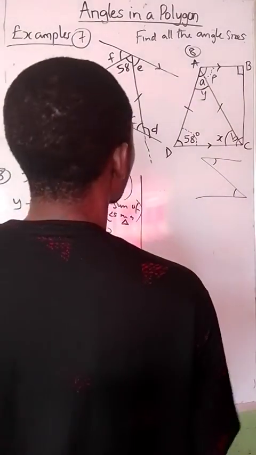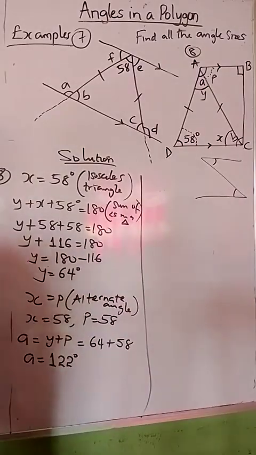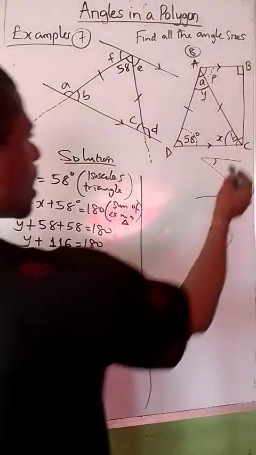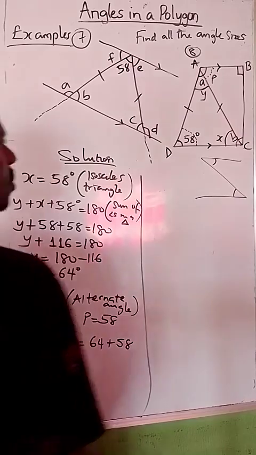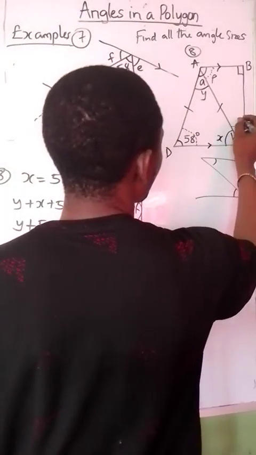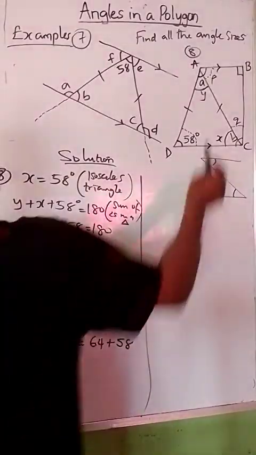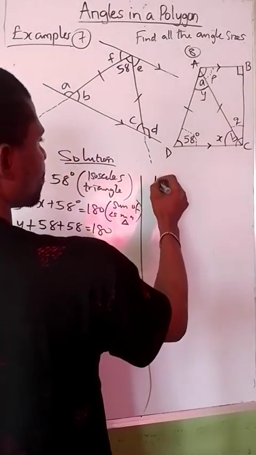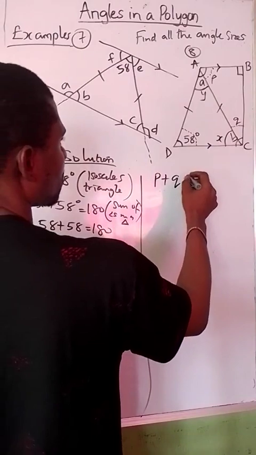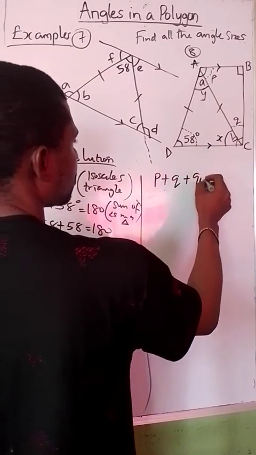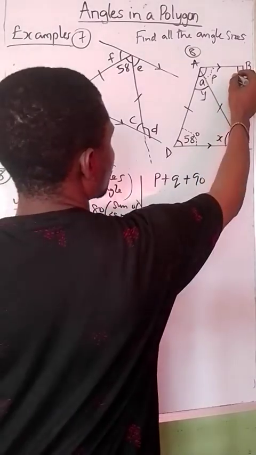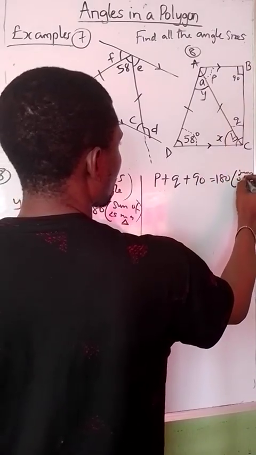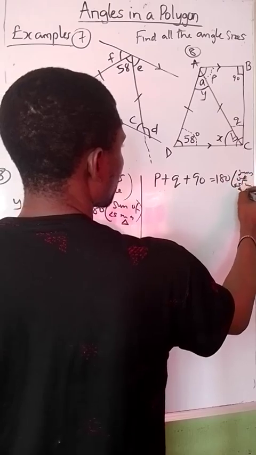Then P is what? P is 58. And the little part, you can call this Q. Q plus 90 degrees, into 180. So P plus Q plus 90 degrees, as this 90 here is 90 because of 180, sum of angles in a triangle.